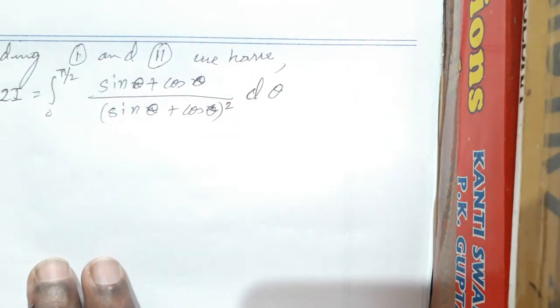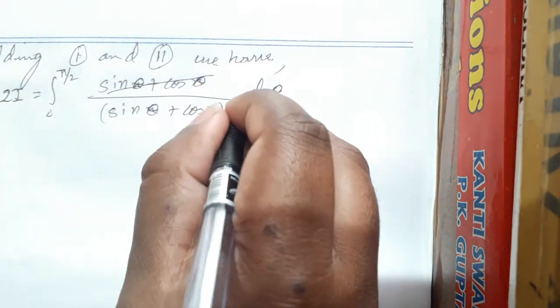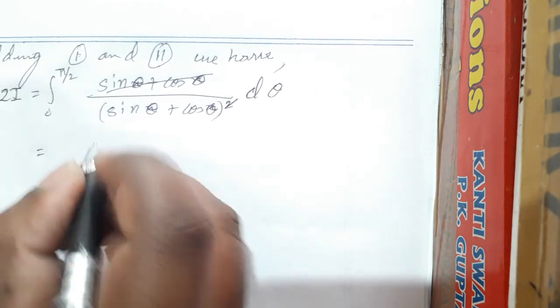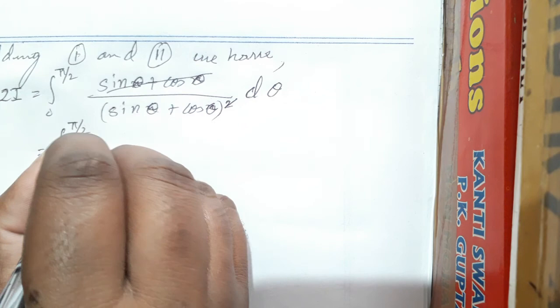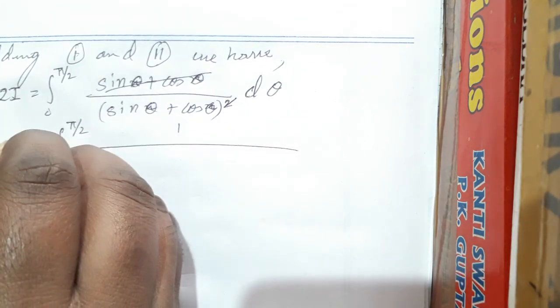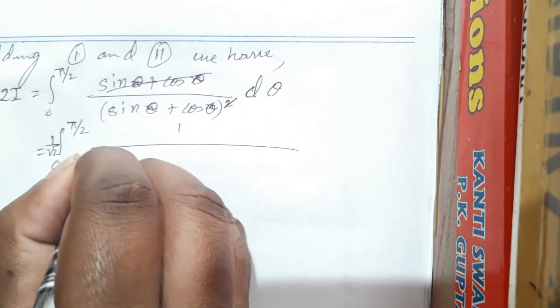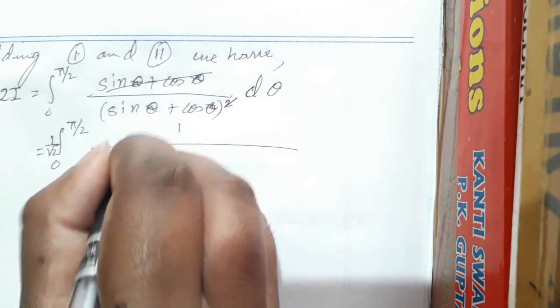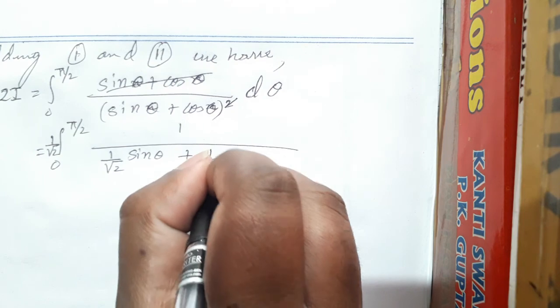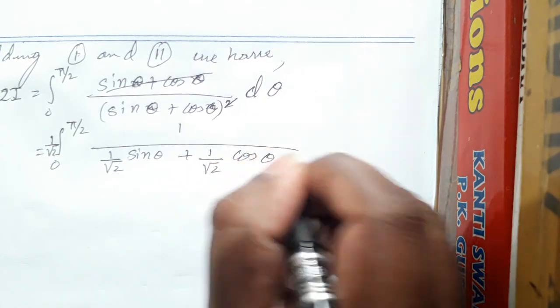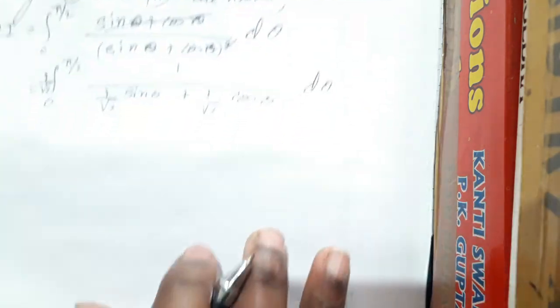So this and this will be cancelled. So we are getting 0 to pi by 2, and I'll multiply with 1 by root 2 here also. So 1 by root 2 sine theta plus 1 by root 2 cos theta d theta.